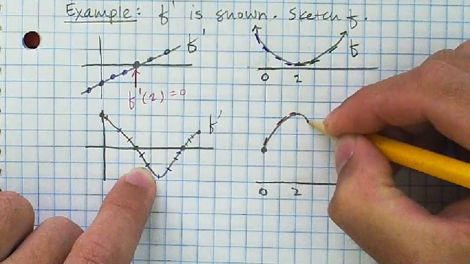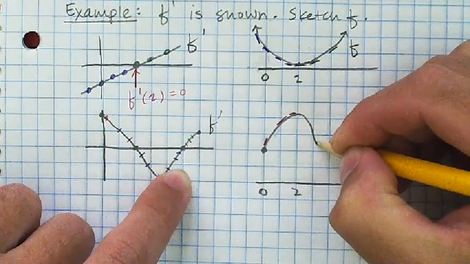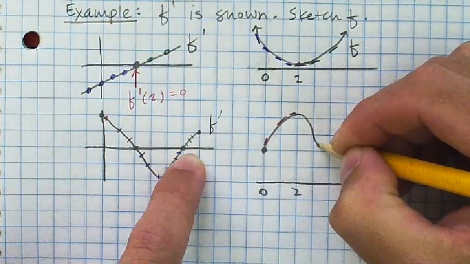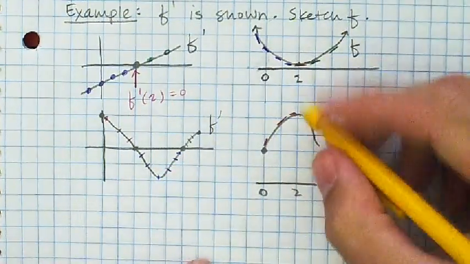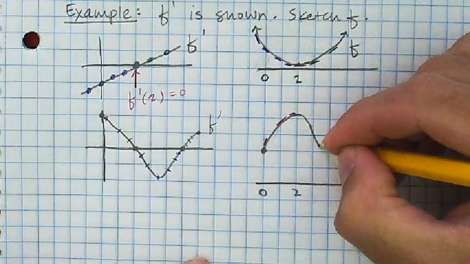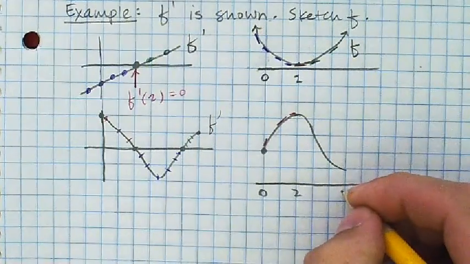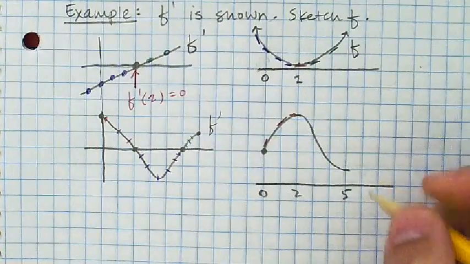It gets more negative for a while, but eventually, at x equals 5, so I need to space this out a little bit, at x equals 5 we've got another flat spot.